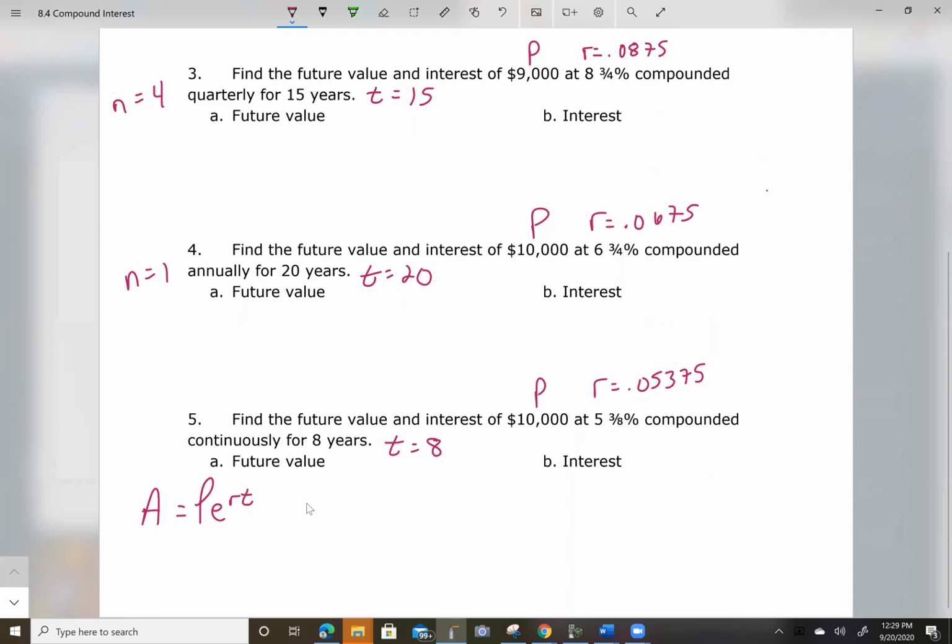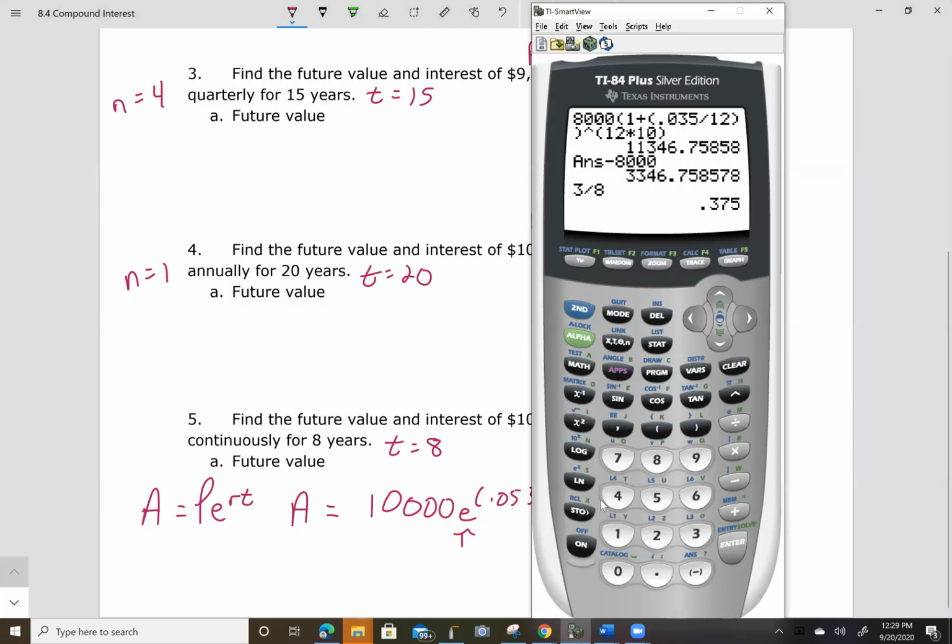So in this case, I'll do this one with you guys. A is equal to 10 thousand times e. And remember, e is that irrational number we're going to type into our calculator to the power of 0.05375 times 8. Okay, so this should be a lot more money since it's being compounded continuously.